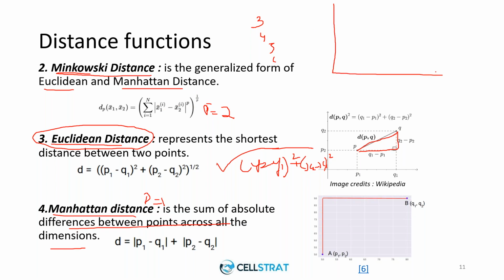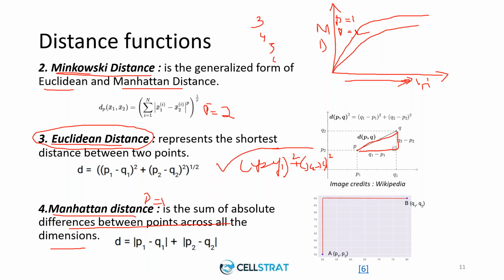Actually, there has been a study, and what they found out is for higher dimensions, say in this case it is 2 dimensions, but if you have more than 3 dimensions, 4 dimensions, or n dimensions, and you plot the Minkowski distance on the y-axis and the number of dimensions on the x-axis for different p-values, let's say this is p equal to 1, you have p equal to 2.